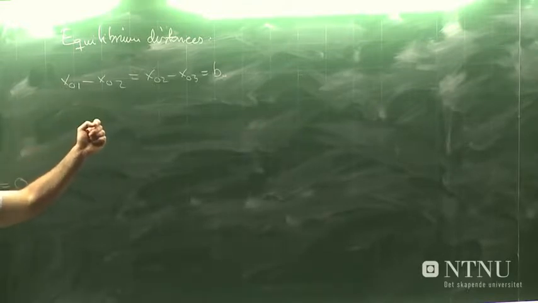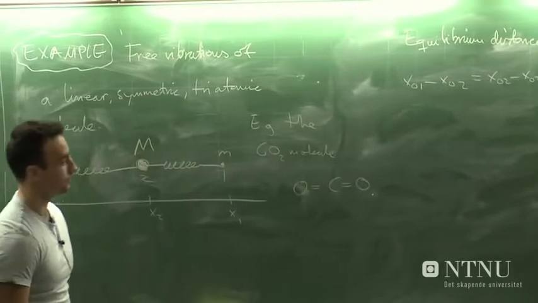Assume that in equilibrium, the distance between the oxygen and the carbon atoms is denoted b. So that will correspond to x01 minus x02, which should be equal to x02 minus x03. The distance between these two points.